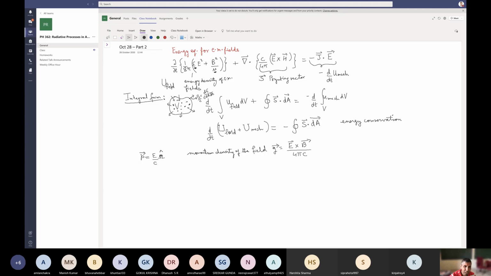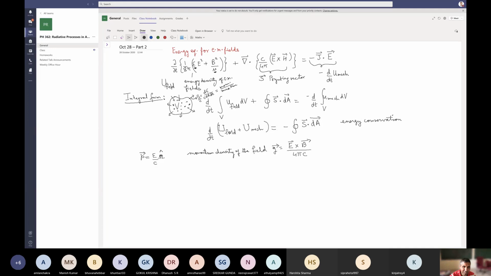If we just divide once by c, what we have is energy crossing per unit area per unit time, which is equal to momentum crossing per unit area per unit time, because E by C is like momentum, so this is like momentum flux.